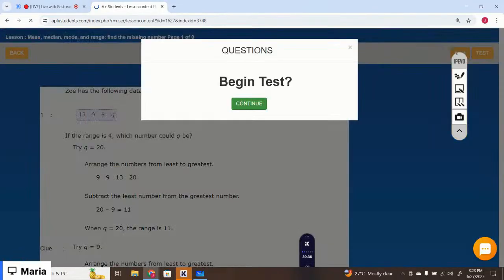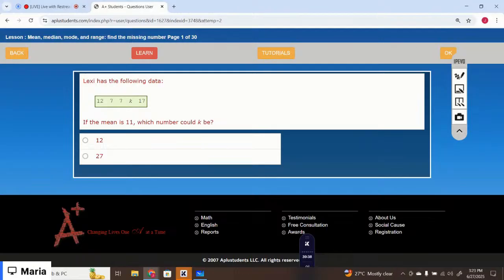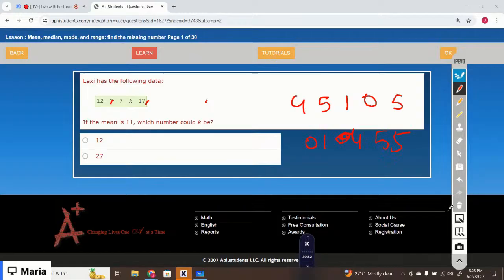Let's just start with the test questions. Let's see the following data. If the mean is 11, what number would k be? Mean is 11.